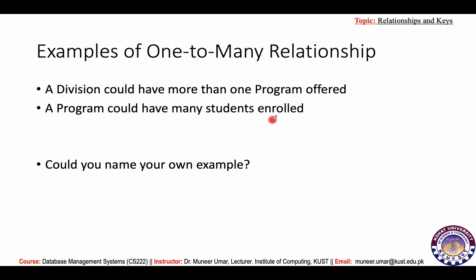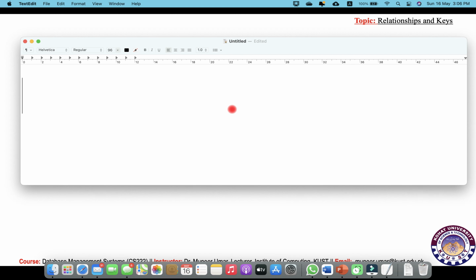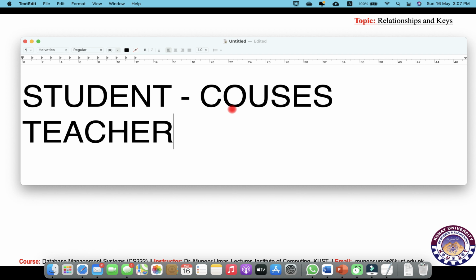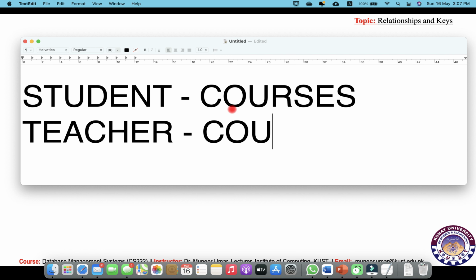In one program, we can see that there are many students registered. There are many other cases. For example, a student can register in many courses. A teacher can teach many courses.